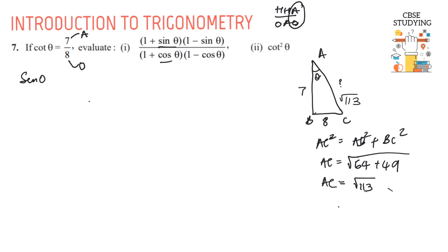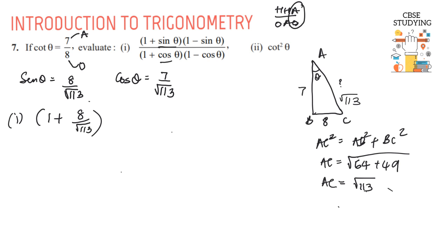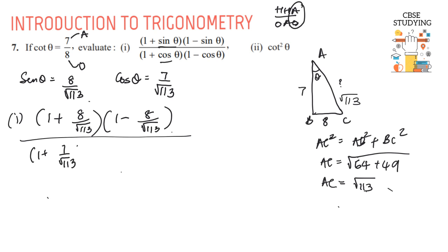So sin theta is equal to opposite by hypotenuse, that is 8 by square root of 113. Cos theta is equal to 7 by square root of 113. So for the first question, we will directly substitute: 1 plus 8 by square root of 113 into 1 minus 8 by square root of 113, by 1 plus 7 by square root of 113 into 1 minus 7 by square root of 113.